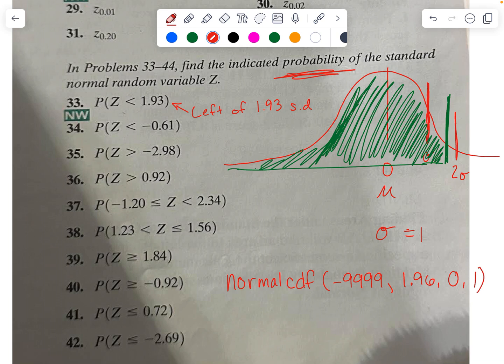And if I use my calculator and type this in, it's going to give me a probability, or an area, that is 0.973. So our probability is 0.973, or 97.3%.